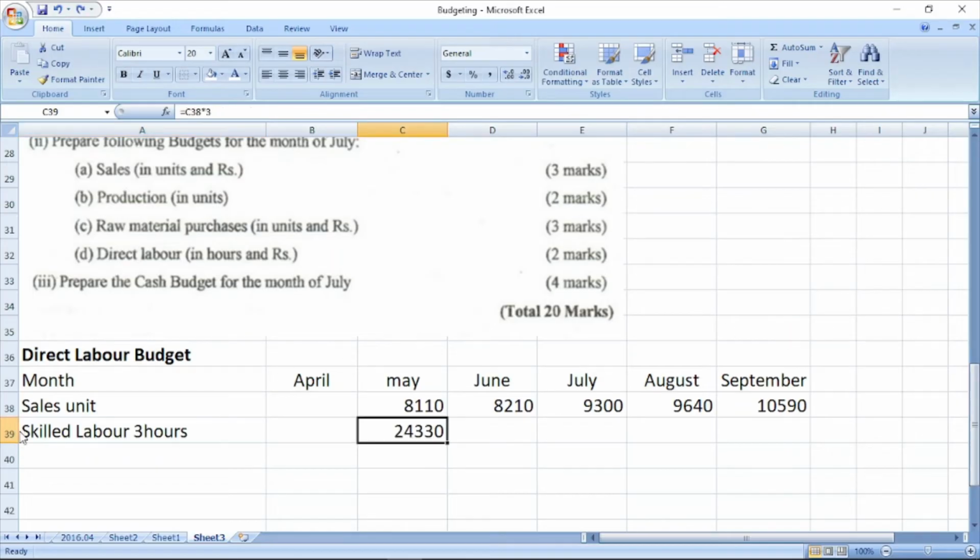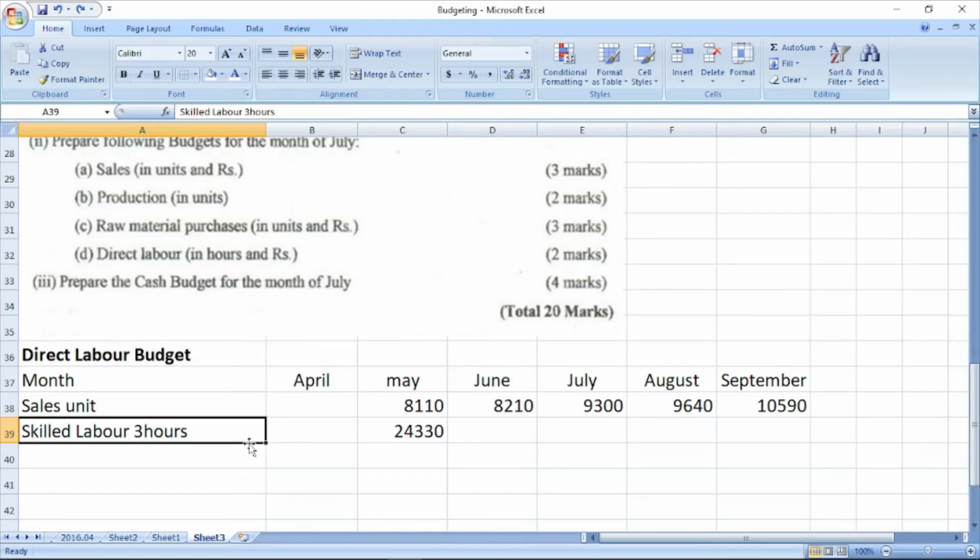Skilled labor hour we need 3 hours for 1 unit, so we need to produce 8,110 units, so 8,110 units into skilled labor requirement, it is 3 hours. 3 hours into 8,110, it is 24,330.